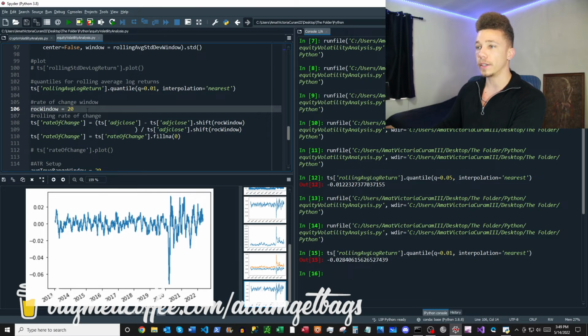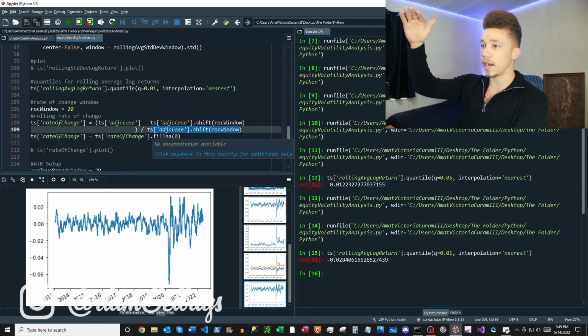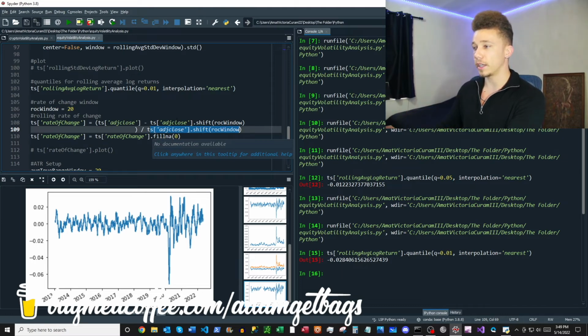Moving on. A rate of change window. Here we have the rate of change calculation, which is just current price minus previous price over the price at the beginning of the period. If the price was high and now the price is lower, you're subtracting the higher price, so that's going to give you a negative number, and then you're comparing it to the starting value.